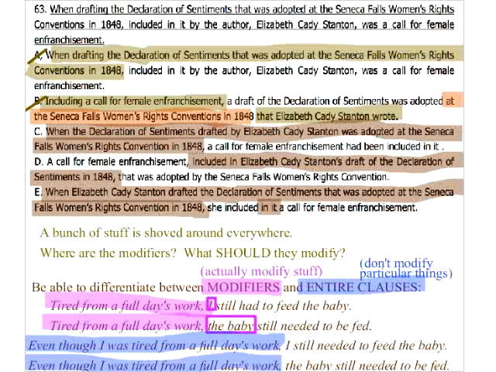So the first pair, this one's correct because it's correct modification. This one's incorrect. These two down here, though, are both fine. So for that reason, these clauses in C and E are not issues.